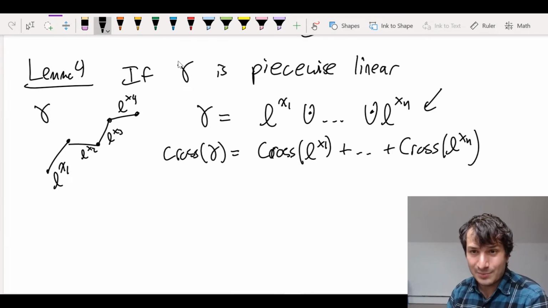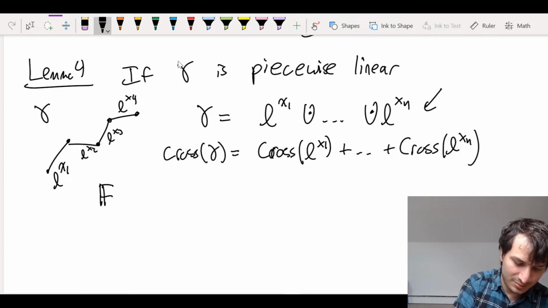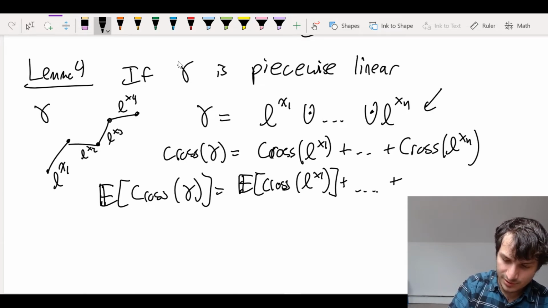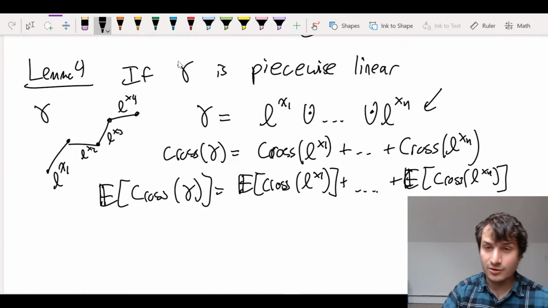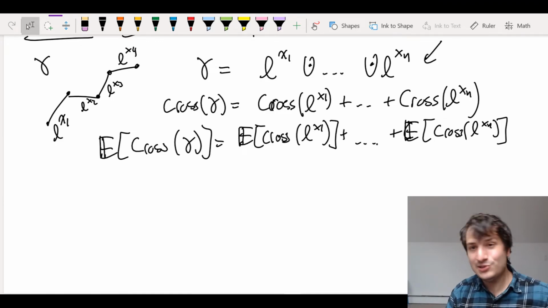Like before, like in lemma 1, expected values are linear, so it distributes. So you get the expected number of crossings of gamma is equal to the expected number of crossings of Lx1 plus all the way up to the expected number of crossings of Lxn. Okay, and we know the expected number of crossings of all of these linear pieces by the previous lemma.